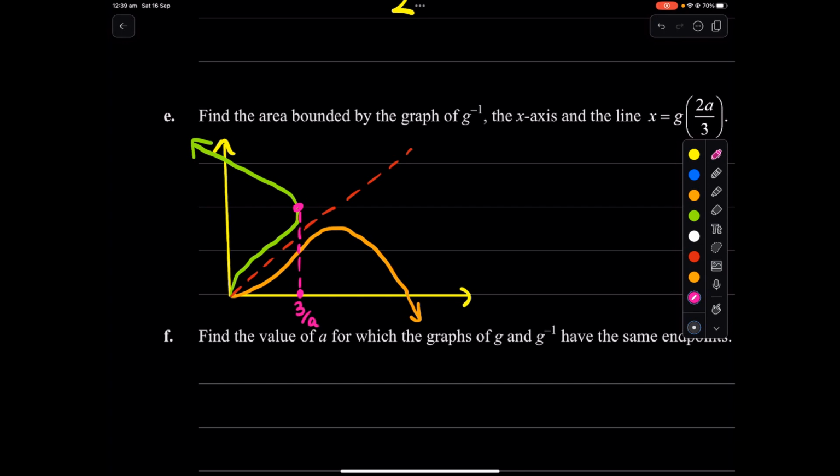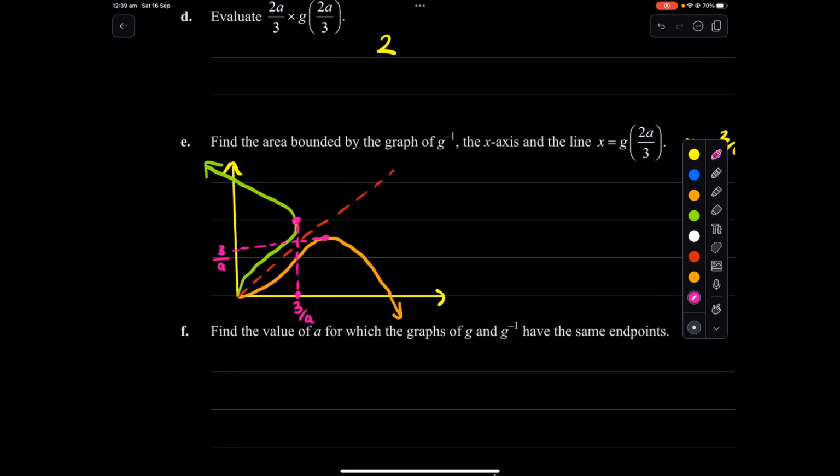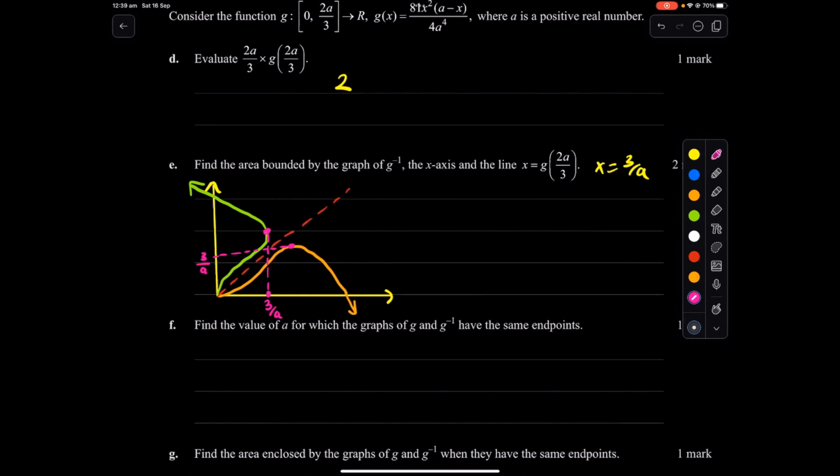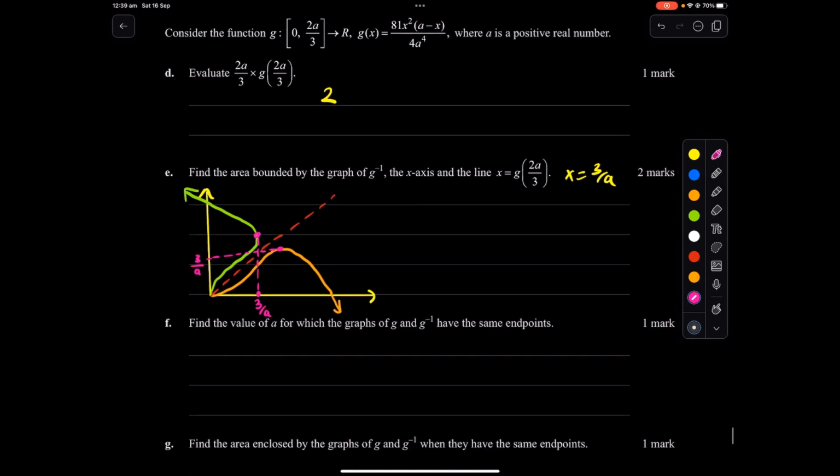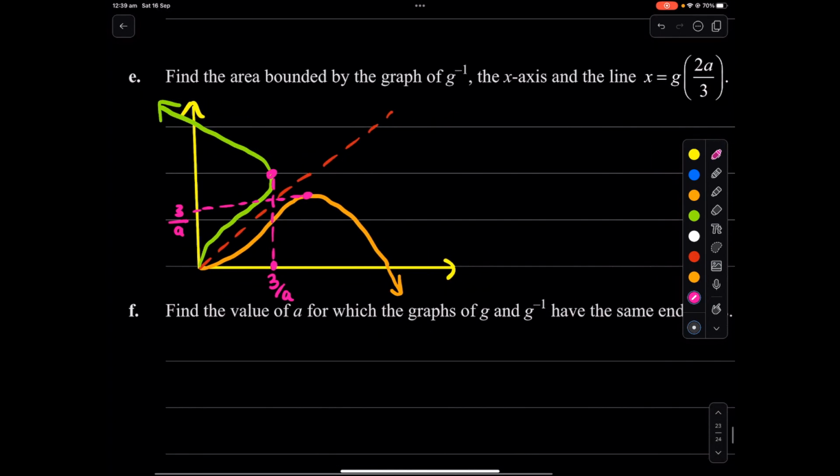It means this point over here, by inverse properties, should be 3 over a. Alright. And I'm trying to calculate what area. So find the area bounded by the graph of the inverse, the green graph, the x-axis, and the line 3 over a.